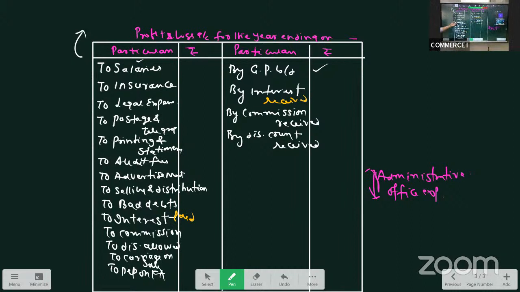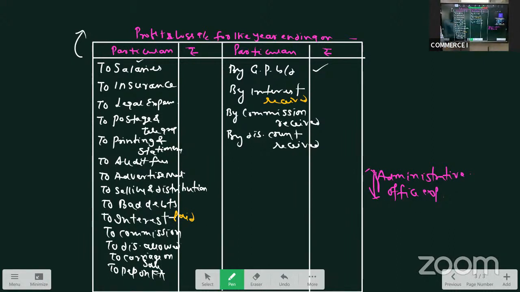These are a few items which I recall at this moment, but this is not an exhaustive list. It is just an illustrative list. Out of my experience, mostly he'll ask these items only for you to prepare the profit and loss account in the examination. And if any new items come, I'll definitely explain there.